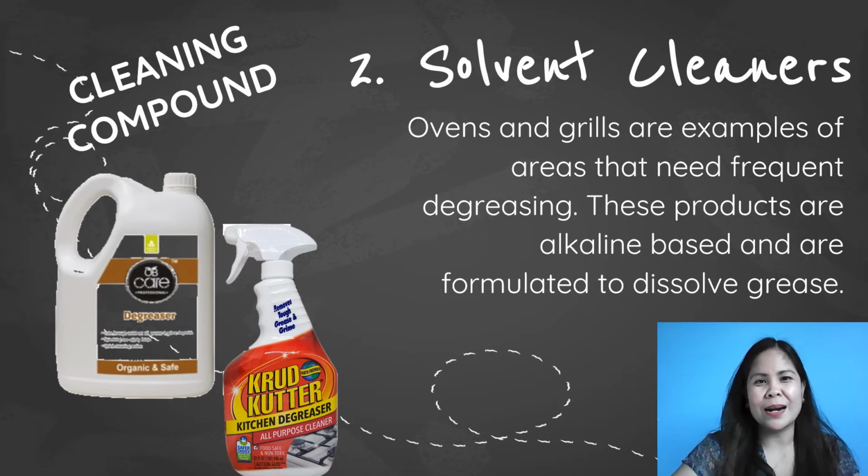Degreasers are available in various forms. They can be bought as sprays, wipes, or solutions that you can use directly on the surface. Some degreasers not only cleanse but also fulfill the purpose of disinfecting and deodorizing. Degreasers are designed to retain the color and finish of the surface they are applied on.